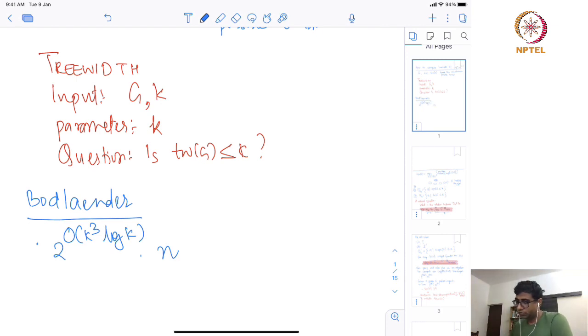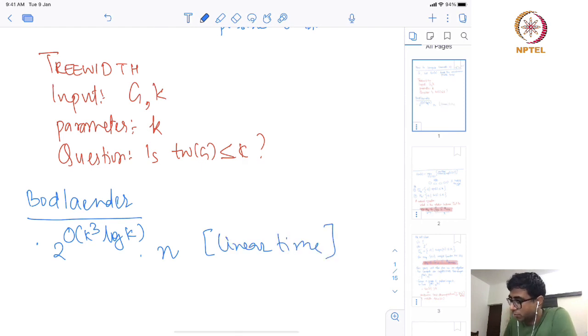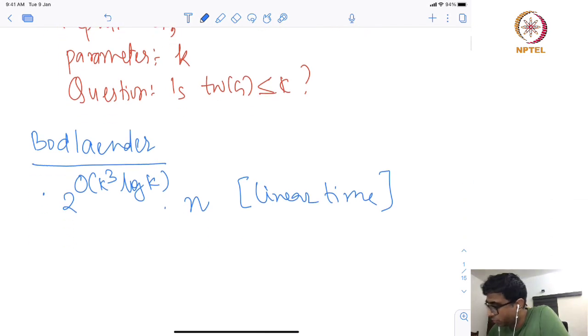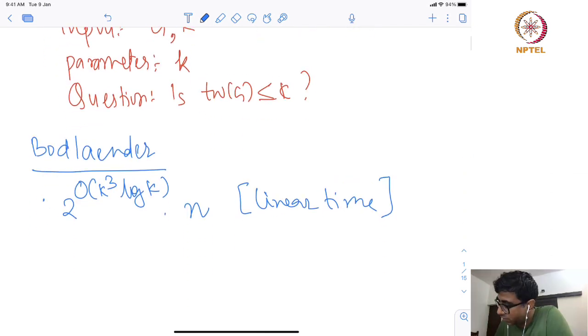That also gave us the first linear time algorithm, because there is a linear dependence on the input size. But this algorithm is quite complicated, and we will not be doing it in this course, but rather we will be giving an approximation for tree width as a parameter.